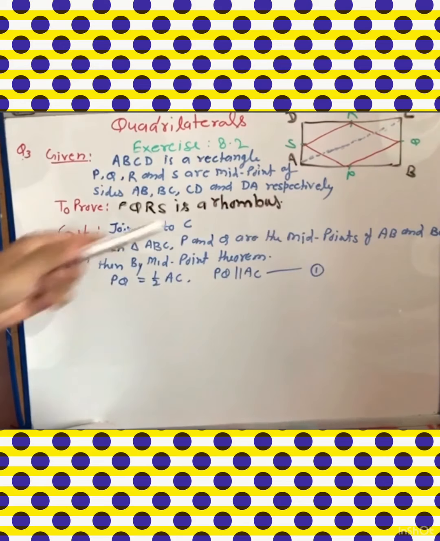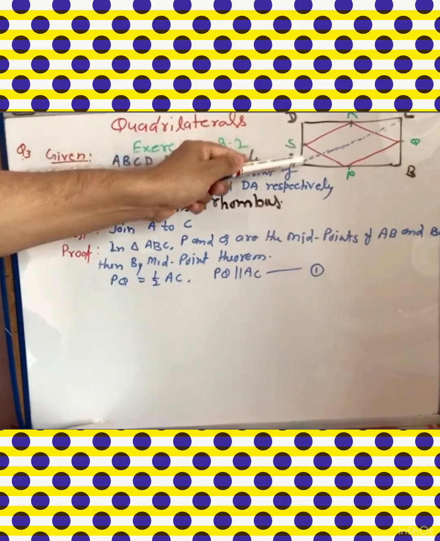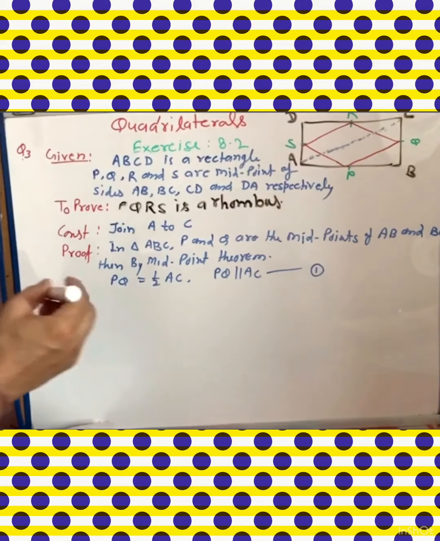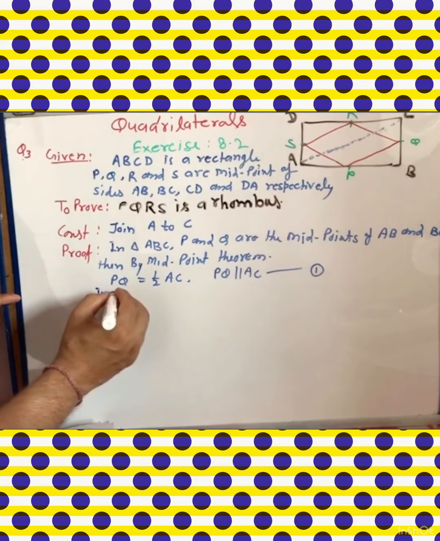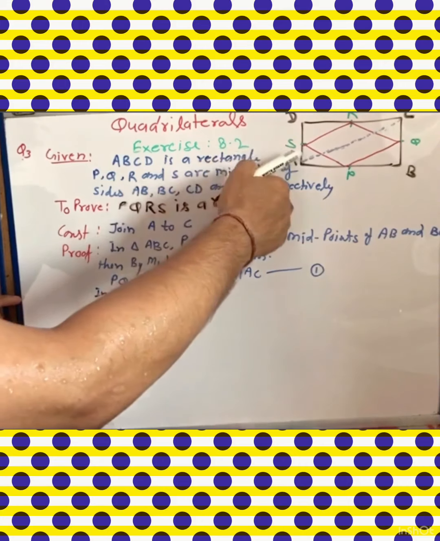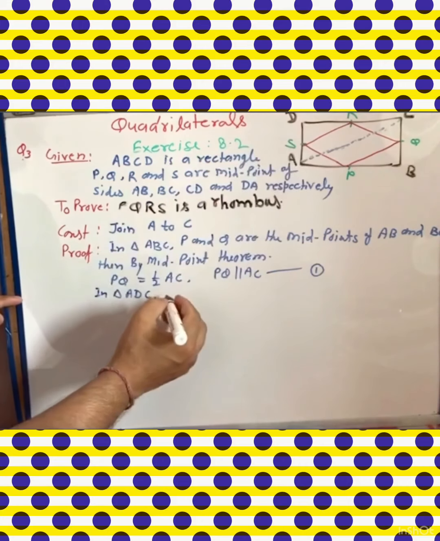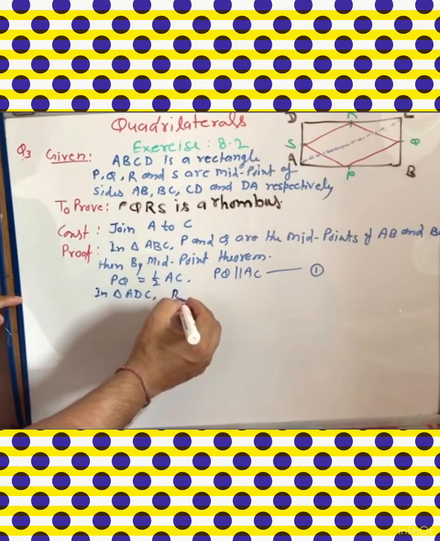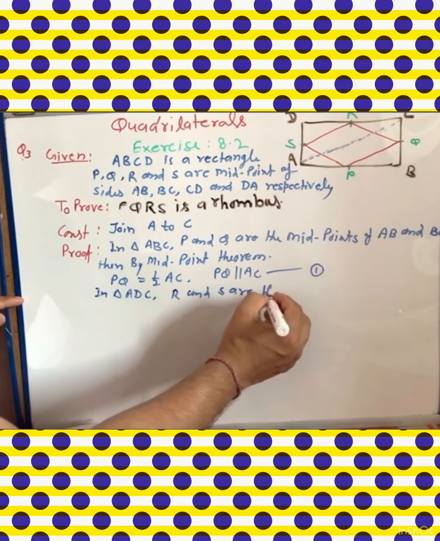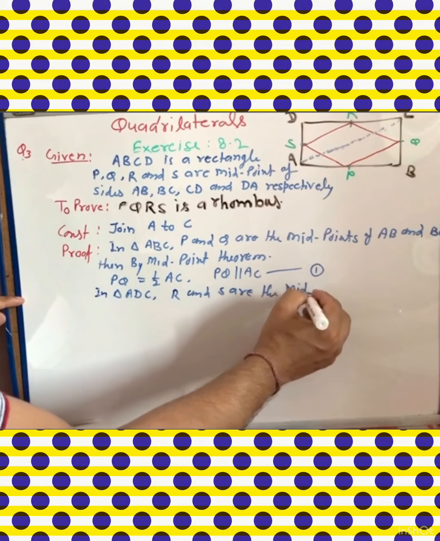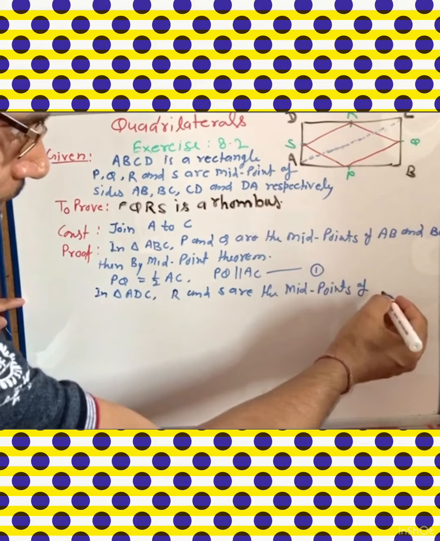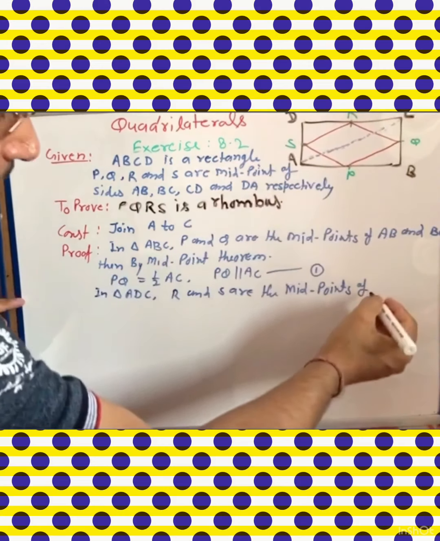So again you take the above triangle, that is ADC. In triangle ADC, once again you will write that R and S are the midpoints of CD and AD.